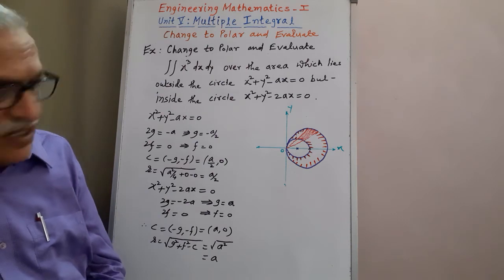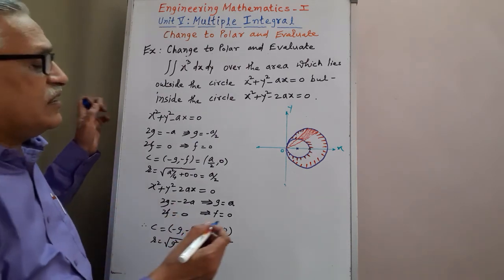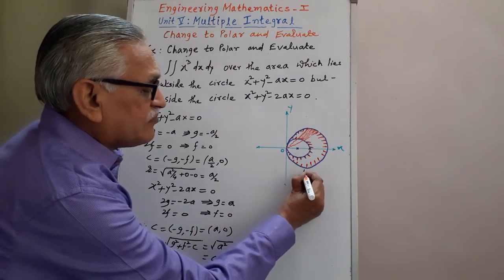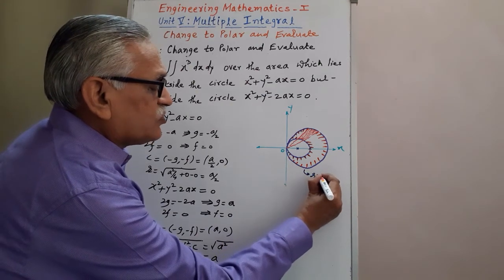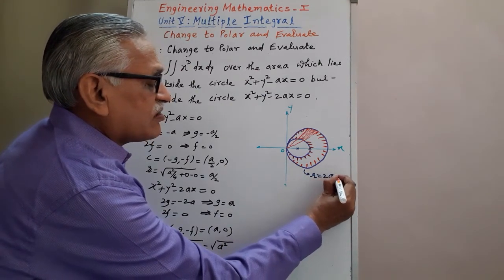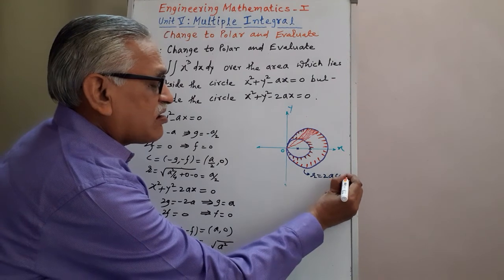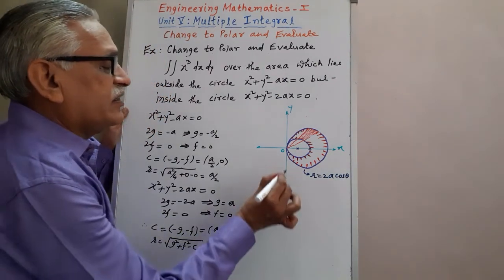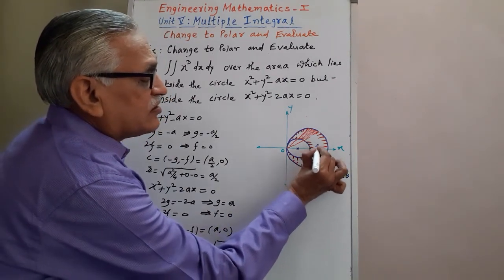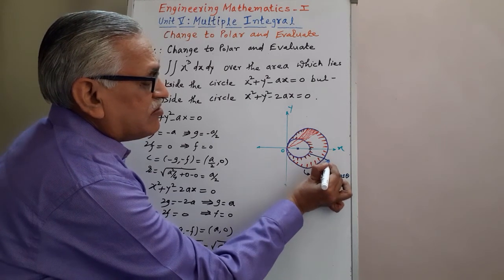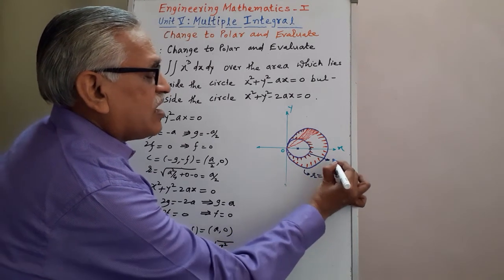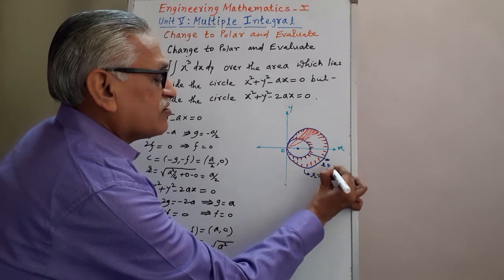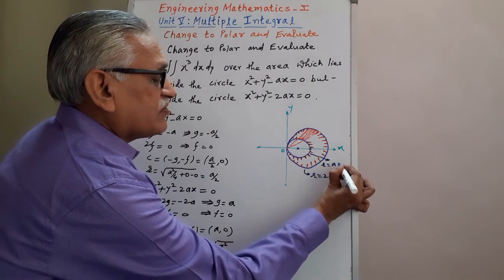Then we mention the equation of the circles. The outer circle becomes r is equal to 2a cos theta, and the inner circle is r equal to a cos theta.